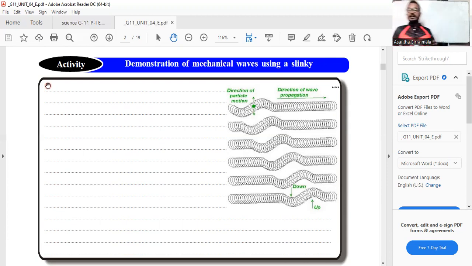And move the other side left and right. We can see a wave propagates. We can see a wave propagate along the slinky.